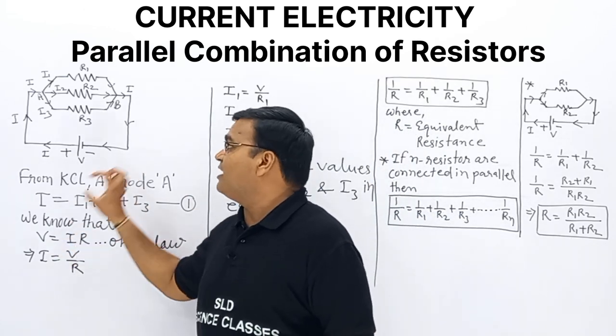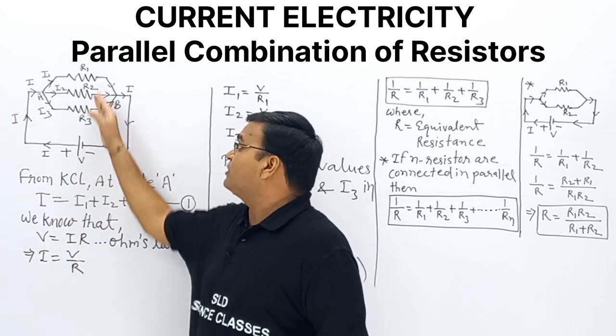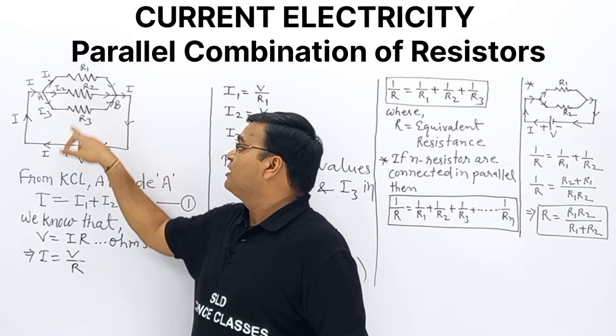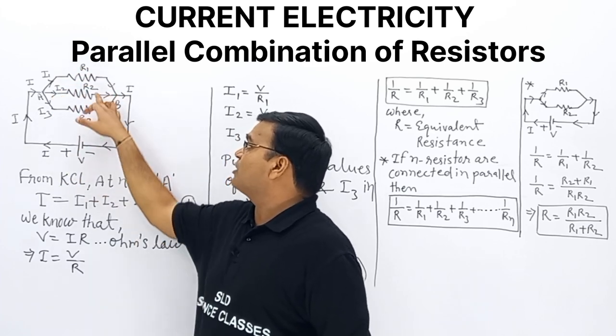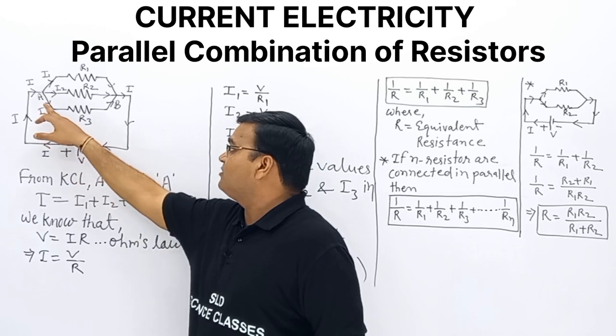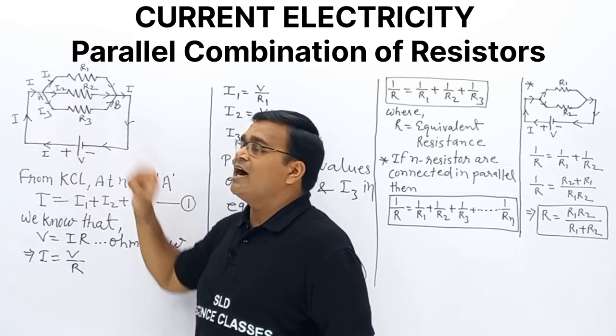So this is the general I value, I being the incoming current. Apply it for R1, R2, R3. I1 will be the source voltage V upon R1, I2 will be V upon R2, and I3, the current flowing in this resistor, will be V upon R3.